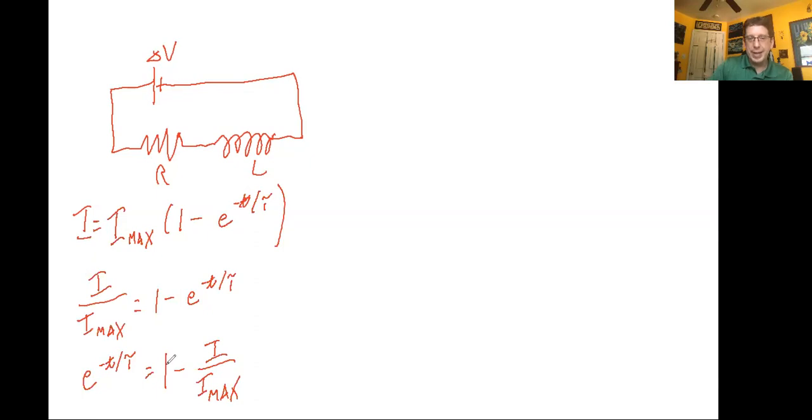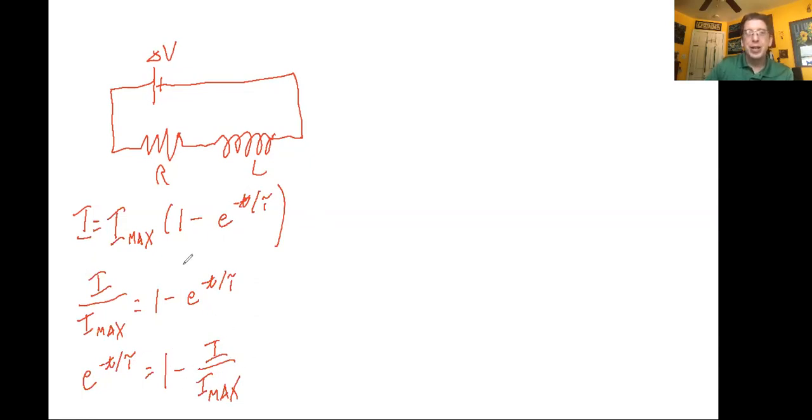But when you write it like this, 1 minus I over I max, you want to find what t is when 1 minus I over I max is equal to 5.0%, or 0.050. When you're at the maximum value, the whole term on the right side of the equation is 0.